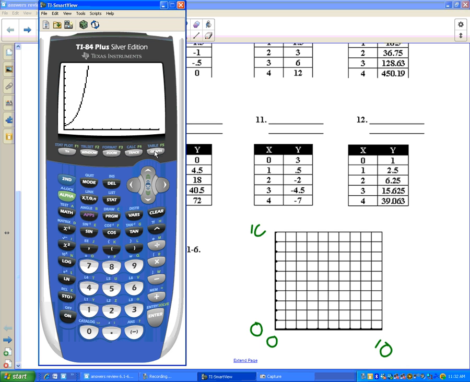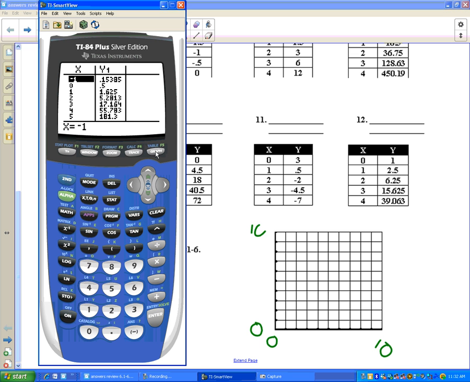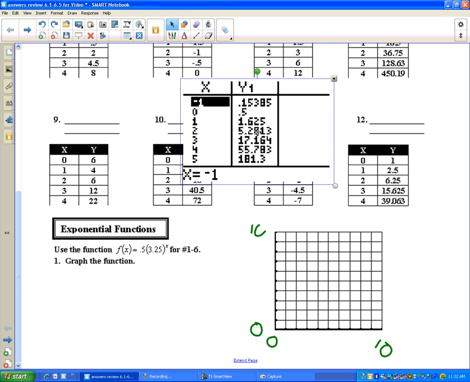That's what my graph looks like. Now, let's actually plot points. So I'm going to hit second graph to go to the table menu. And I'm going to graph the points. x is 0, y is 1/2. 1, 1.625.